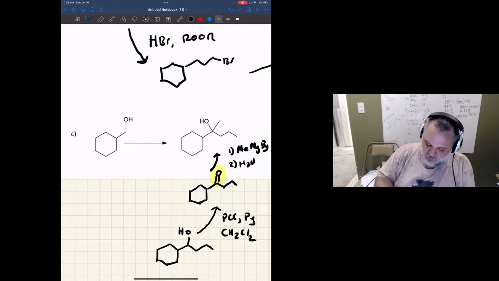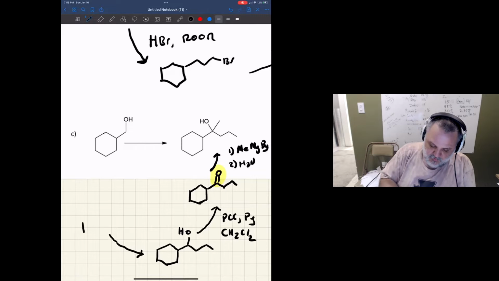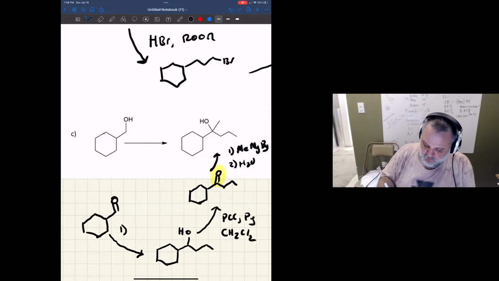What if, in order to get that alcohol group, then maybe I had another carbonyl group here, and this was my first 1, 2, 3 carbons. My first Grignard reagent. So I need 3 carbons, so it's propyl, Mg, Br, and water.